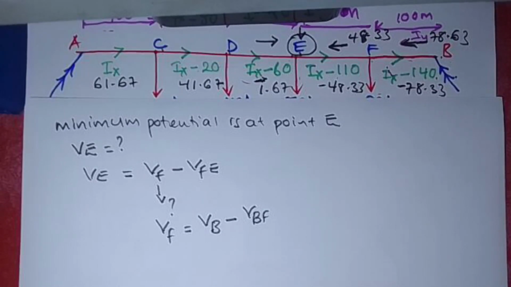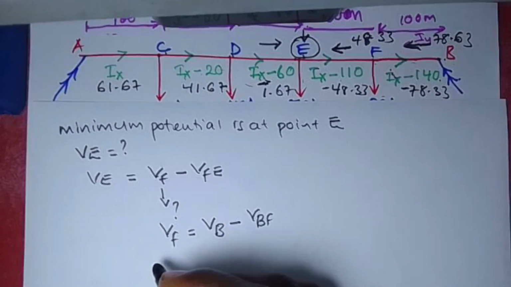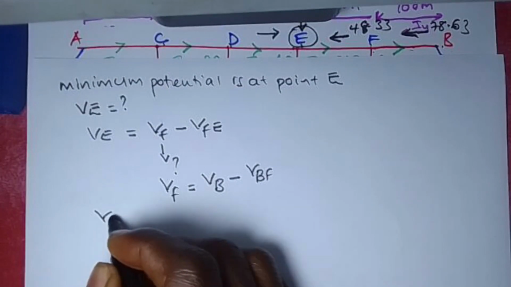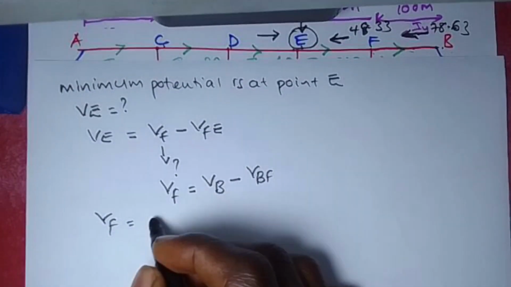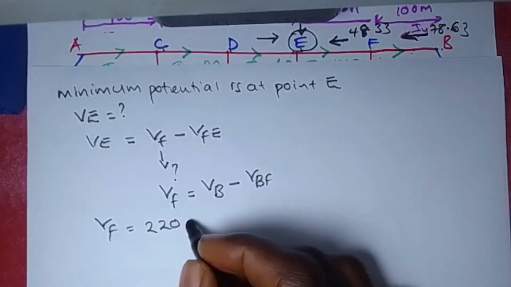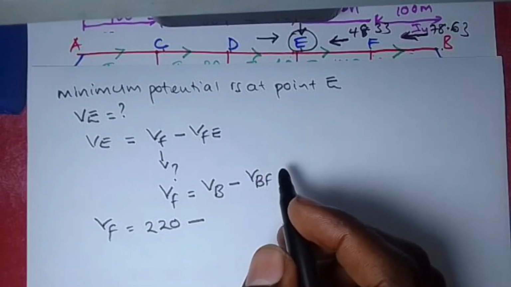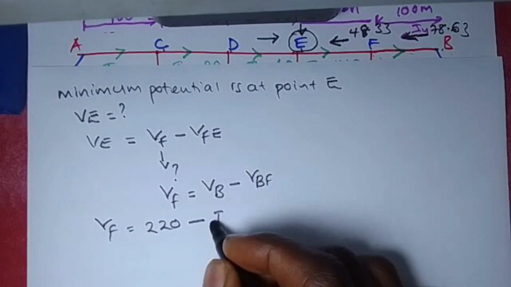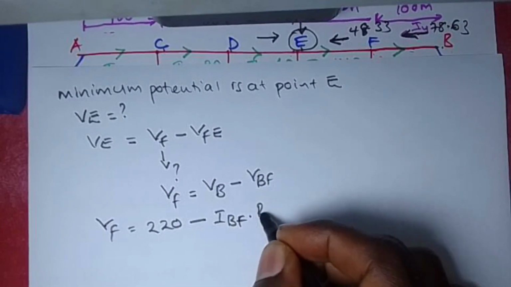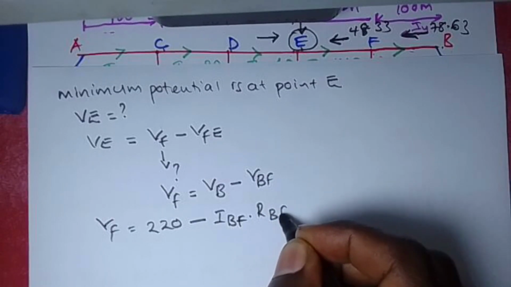Hope we are together there. So using that same technique, VF is going to be VB, which was given as 220 volts, minus the voltage drop between B and F, which is equal to I between B and F times R between B and F.